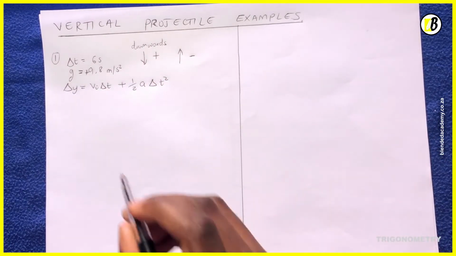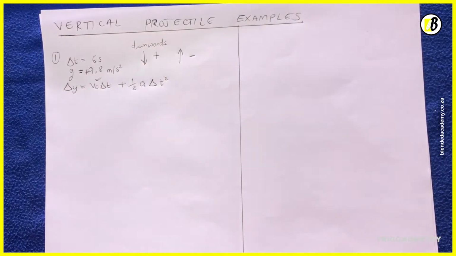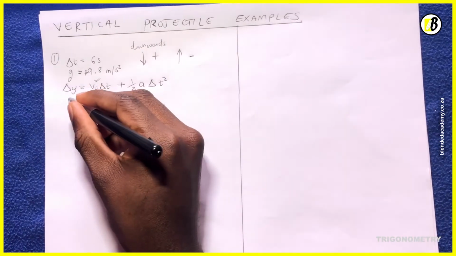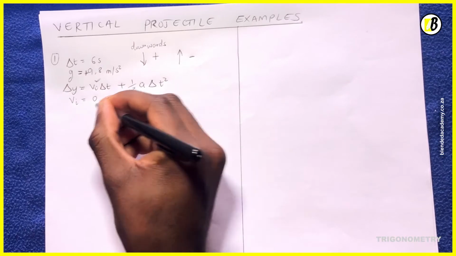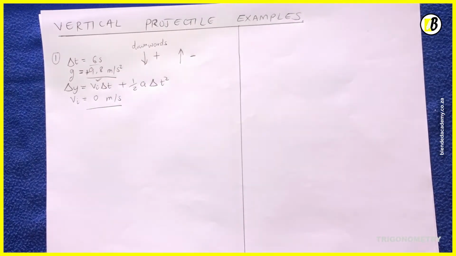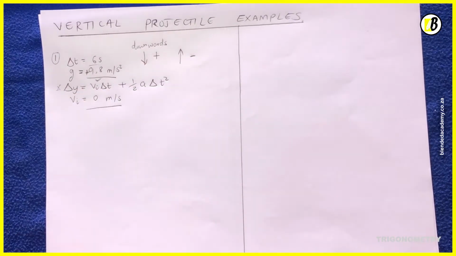Because we've got the initial velocity, that's when the stone starts moving, it's going to start at a velocity of 0 meters per second. I need to write that down here so that you can note it. So the initial velocity is 0 meters per second. You need to remember that. That's why we're choosing this equation.